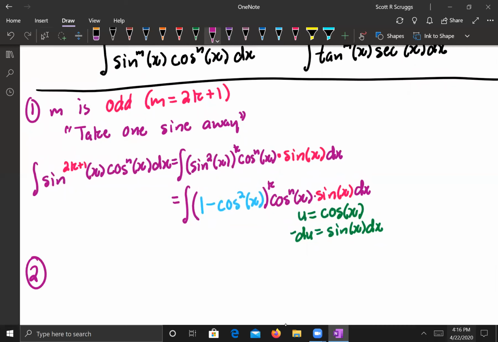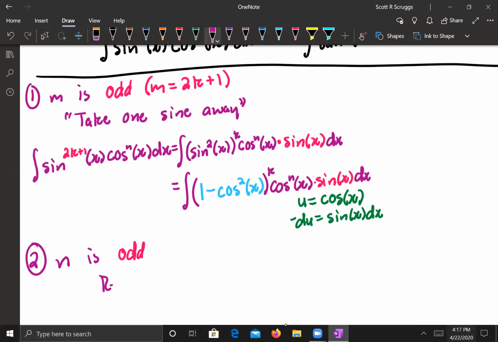I say that if we know method 1, we also know method 2. And that is if the power that is married with cosine is odd. And here's why I say I know how to do method 2 if I know method 1.